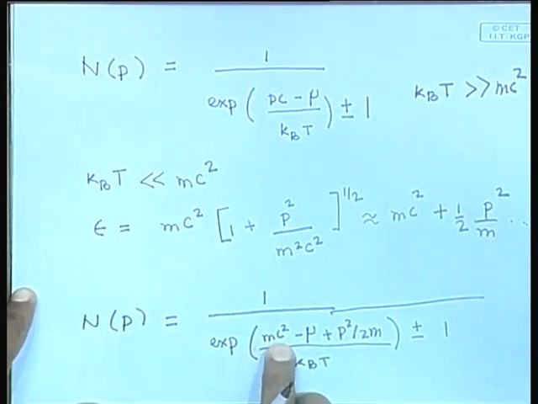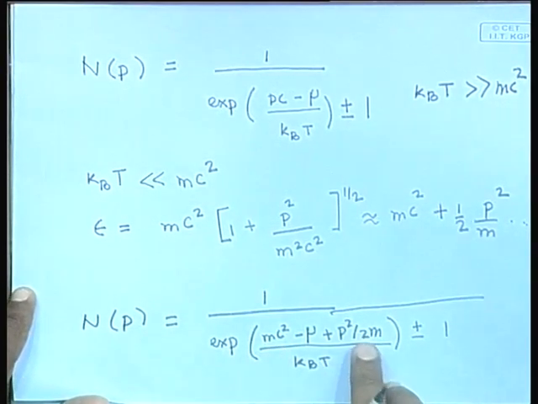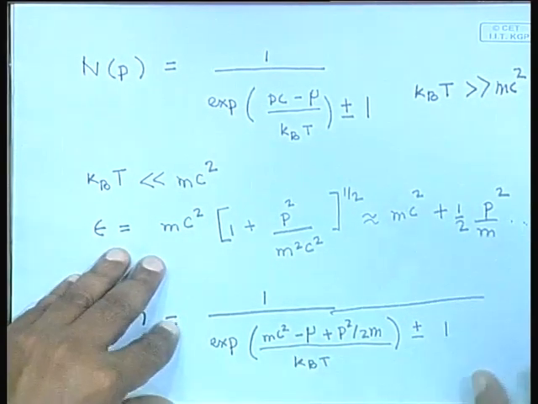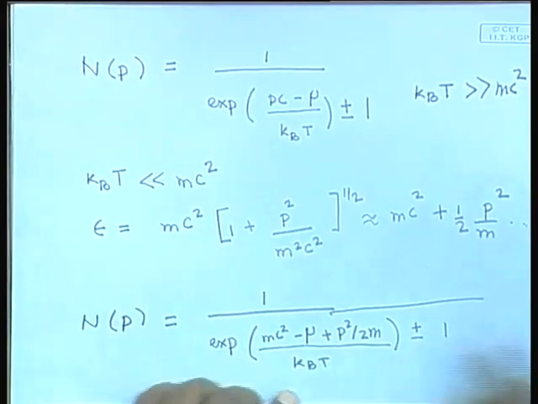Now, this mc square is also a constant, so we can absorb it inside and redefine the chemical potential, but for the time being let us leave it like this.